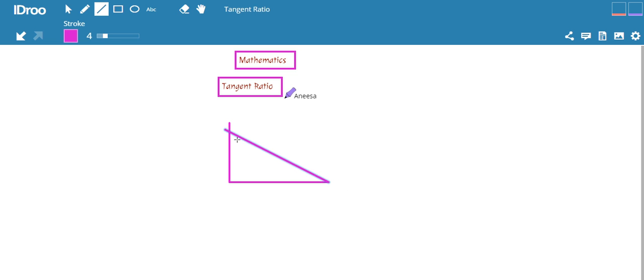Say this is a triangle, and you know about the perpendicular. This is called the perpendicular, right? And say this is an angle here, and say this is A, this is B, and this is C.